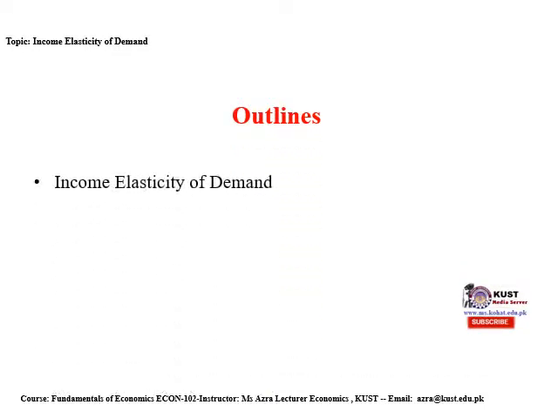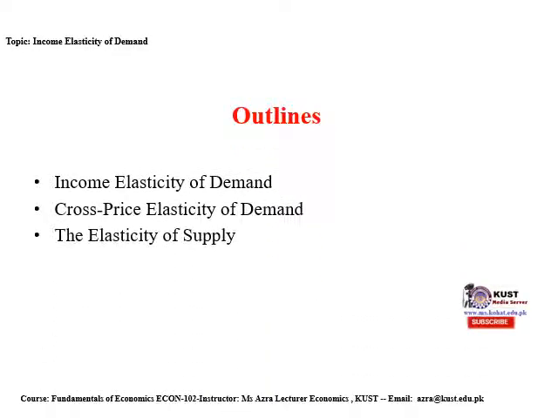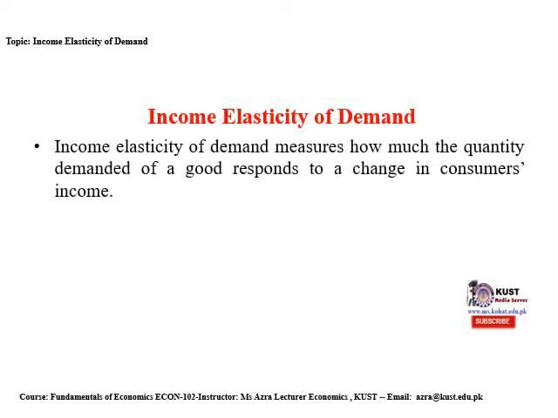These are the outlines of our topic. We will go through income elasticity of demand, cross price elasticity, elasticity of supply. Now, what is income elasticity of demand? And first, what is demand?